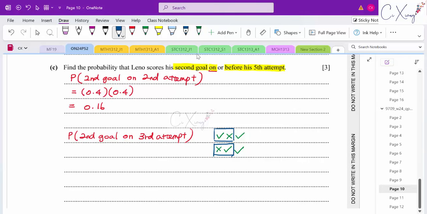That means I'm having 2 attempts in total, and I want to find the probability that one of them scores the goal, so I'm using binomial distribution for these 2. Then the last one is directly multiplied by the success rate, which is 0.4.